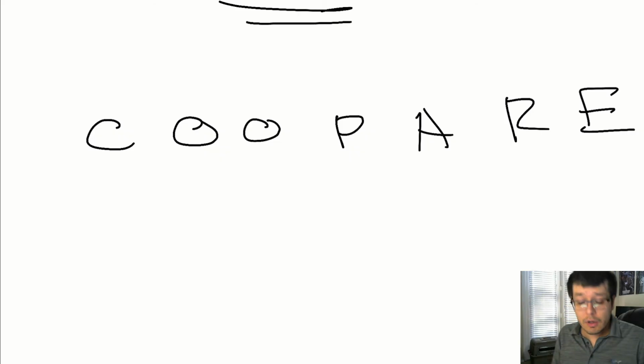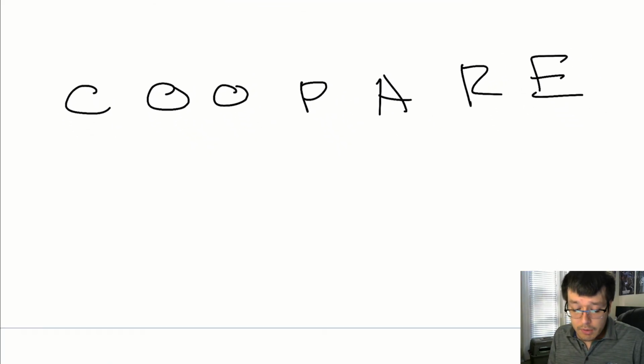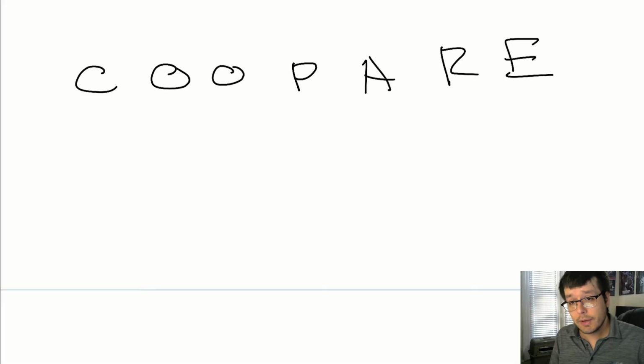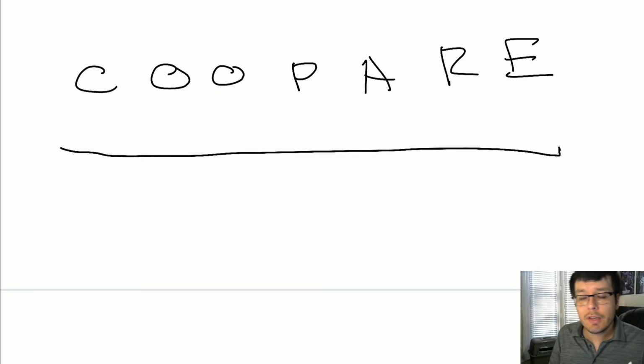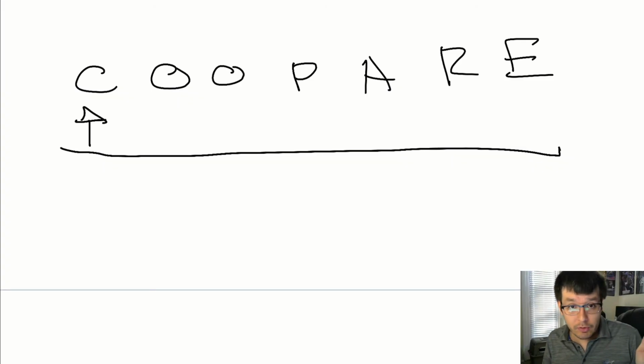With selection sort, I'm going to look at the entire list once, and I'm going to keep track of the smallest letter if I'm sorting in ascending order, okay? So in this case, I'm looking at C, and C is the smallest letter I've seen so far. I look at O, and C is still the smallest letter I've seen so far.